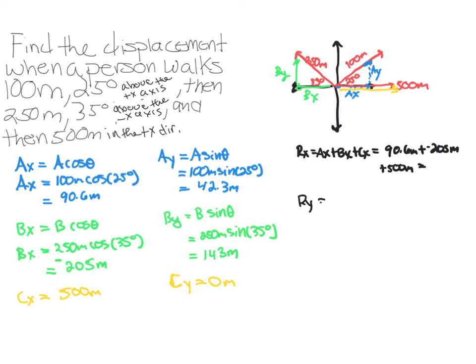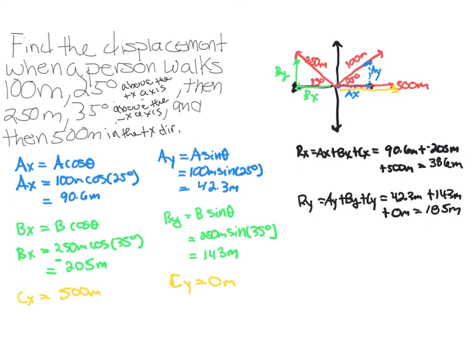And then for our y, we're going to add our y calculations together: 42.3 meters plus 143 meters plus 0 meters. All right, so let me pause and pull out my calculator. All right, so we have found the x and y components of our answer.